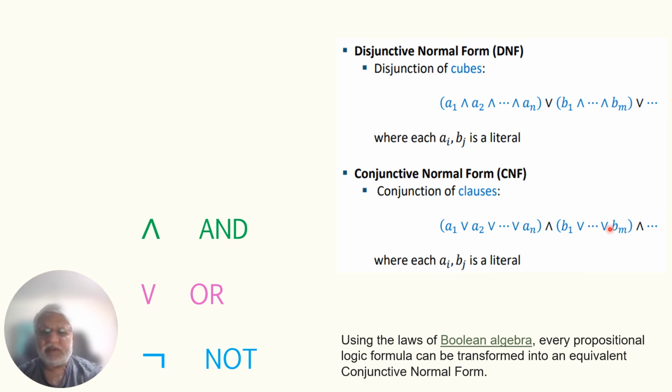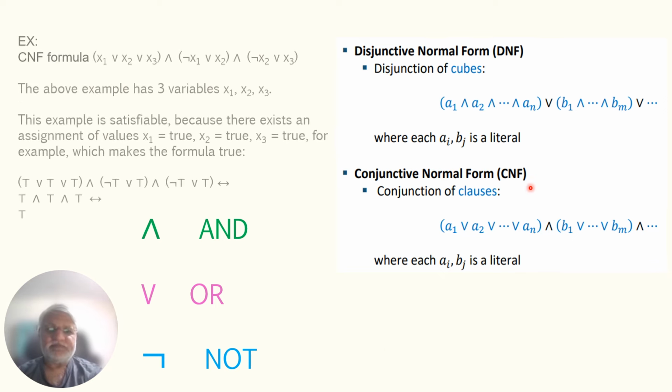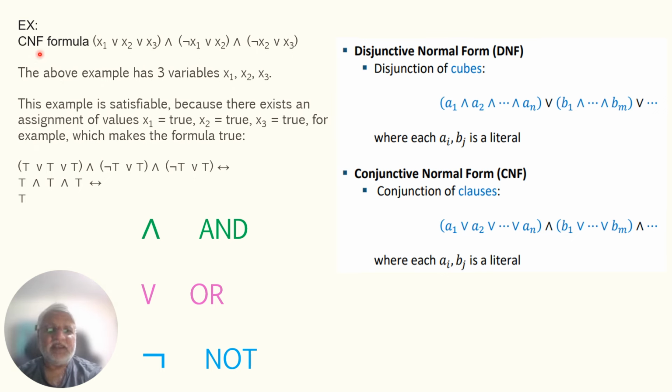For all our further analysis, we will base our analysis on CNF. Just for analysis, we are taking one CNF formula with three variables x1, x2, x3. Here it means x1 plus x2 plus x3, and x1 bar plus x2, and x2 bar plus x3. How to solve it through SAT solvers is mentioned here, provided for reference.